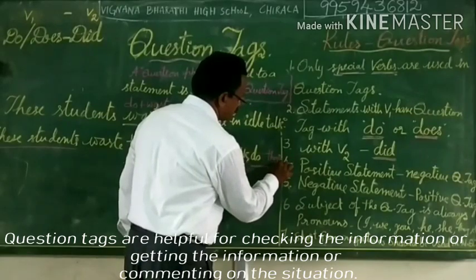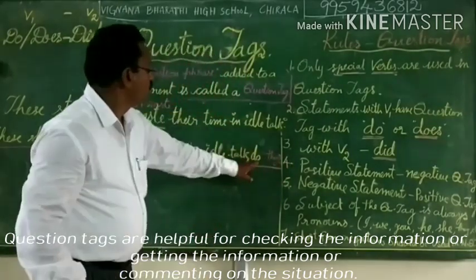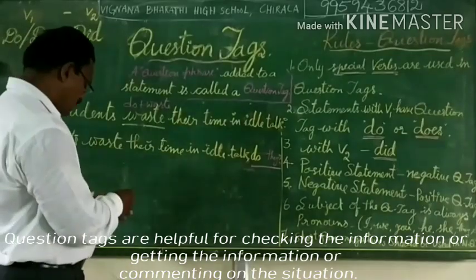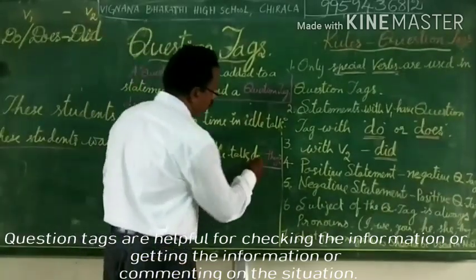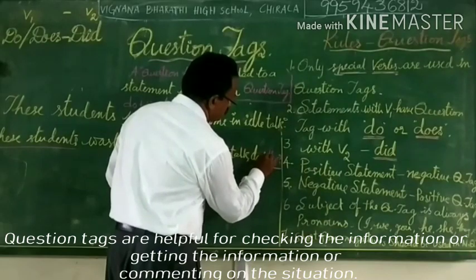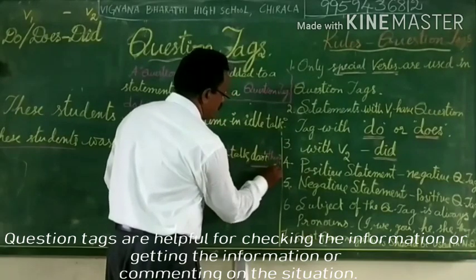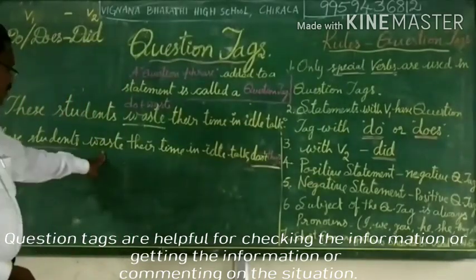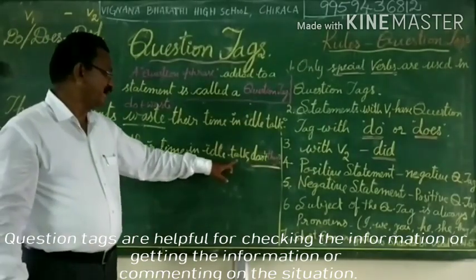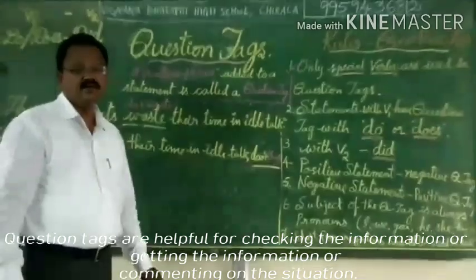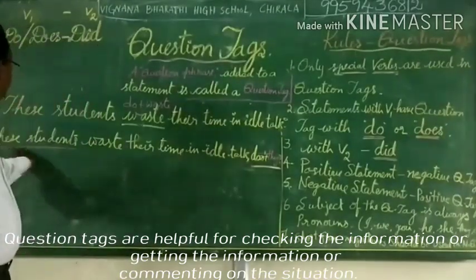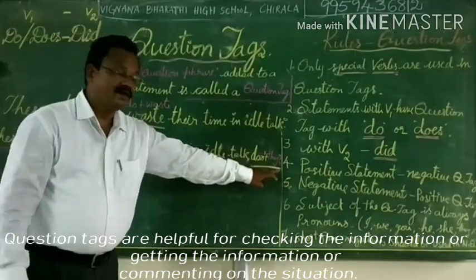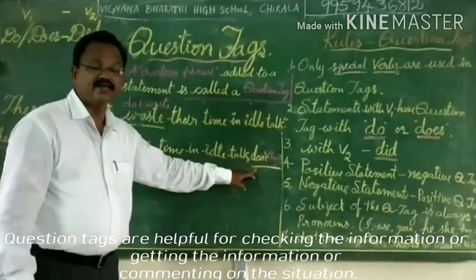But this is a positive statement, that is why we have to use don't they. These students waste their time in idle talk, don't they? Don't they is a question tag here.